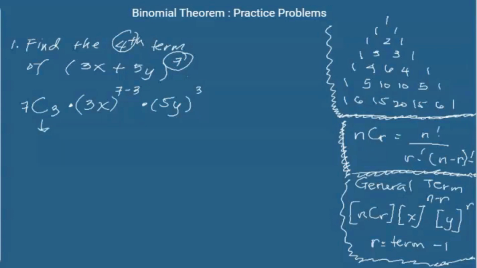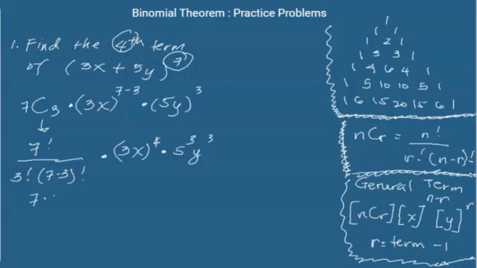Okay, so how is this? Using the combination formula, this would be 7 factorial over 3 factorial times (7 minus 3) factorial, times 3x raised to the 4th power times 5 cubed y cubed.